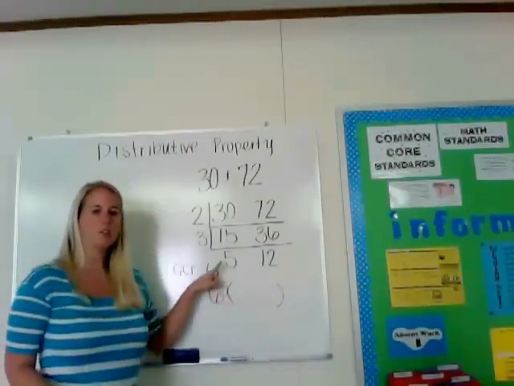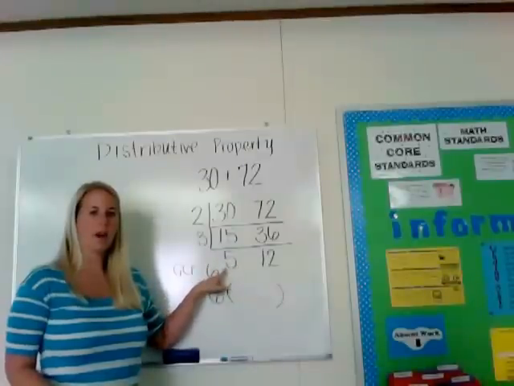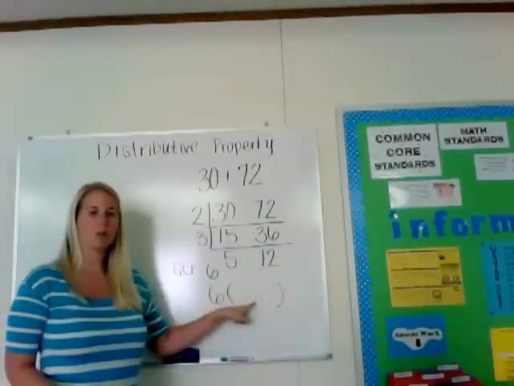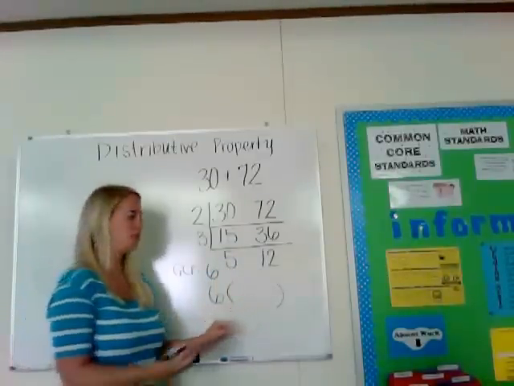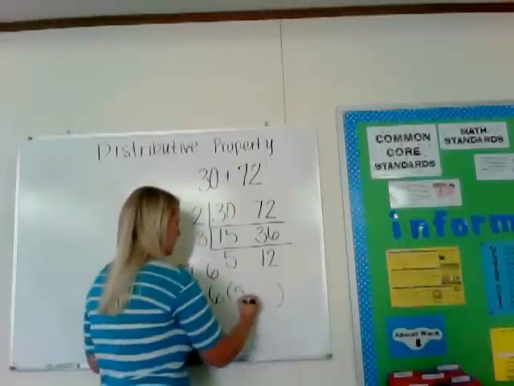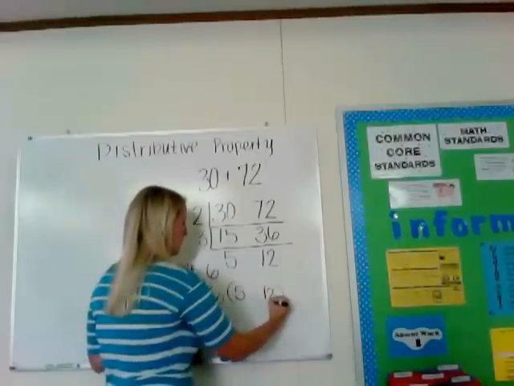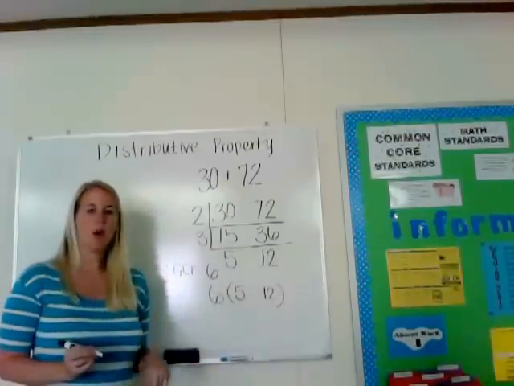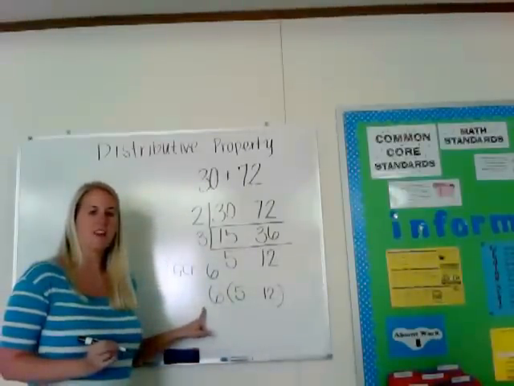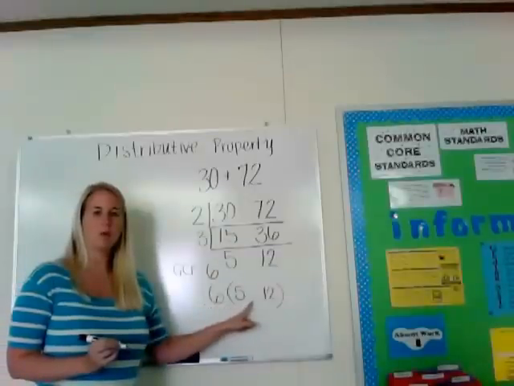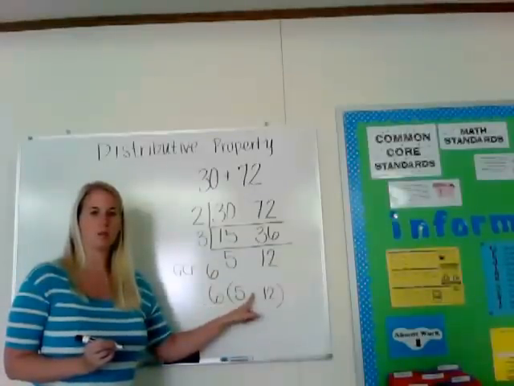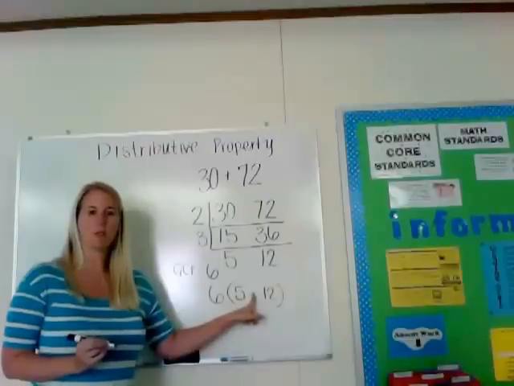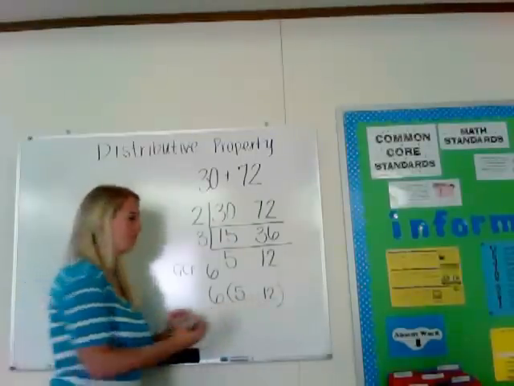What is left underneath my ladder, the 5 and the 12, are what will go inside of my parentheses. Since the distributive property says it's a product of the greatest common factor plus another sum, I need to put an addition sign between 5 and 12. Remember, sum means addition.